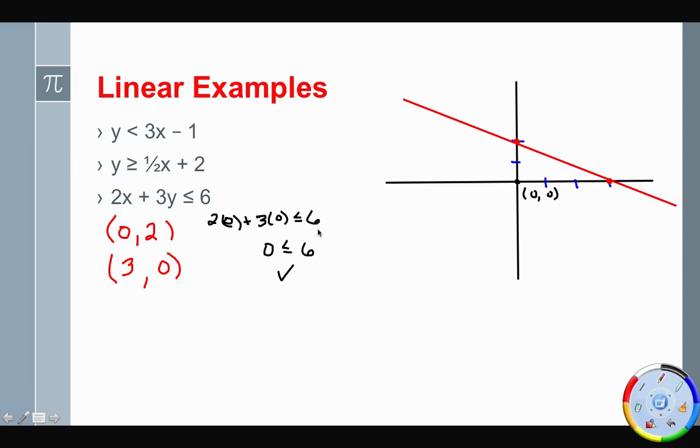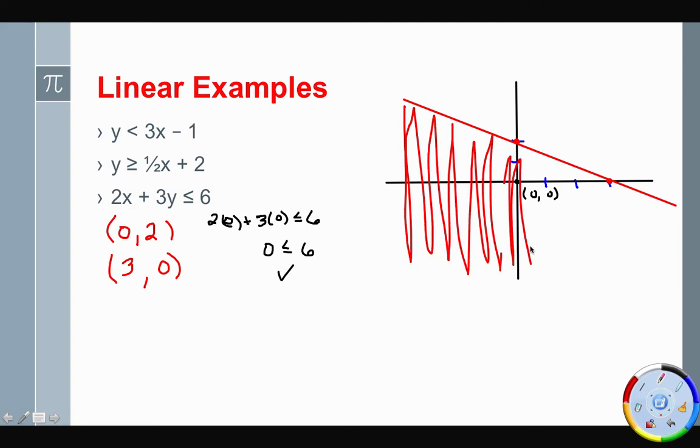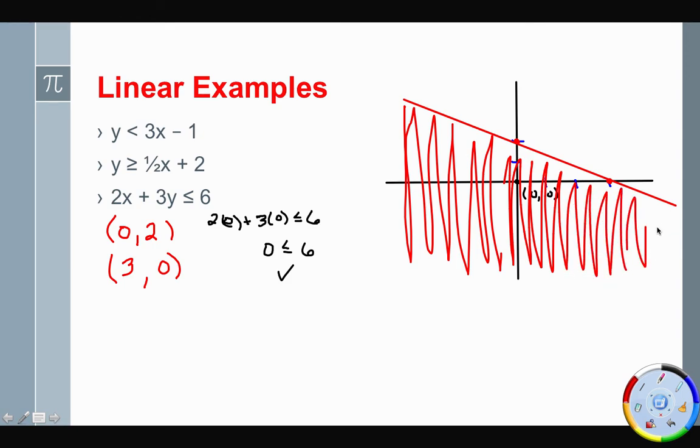And that is actually a true statement. Since that is a true statement, that means I'm going to shade everything where the 0, 0 is. And that is the graph of this inequality.